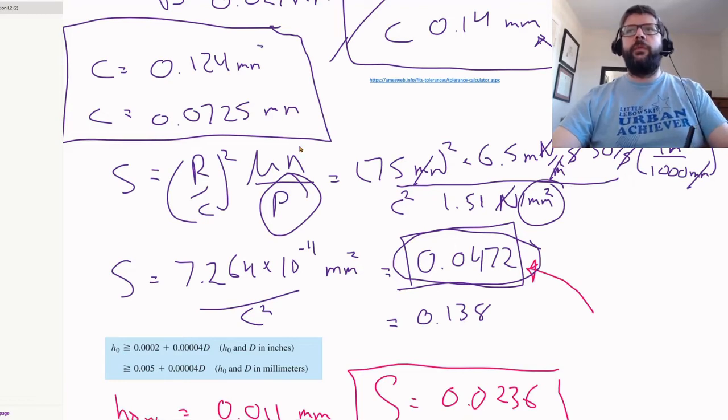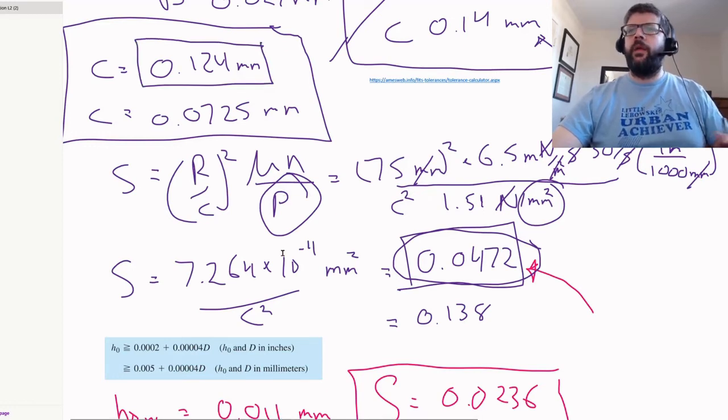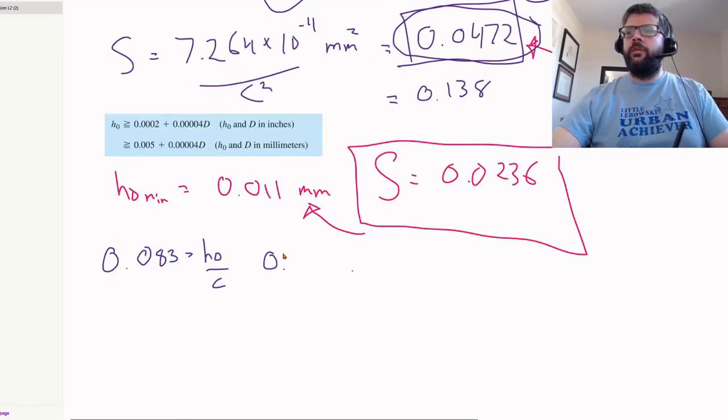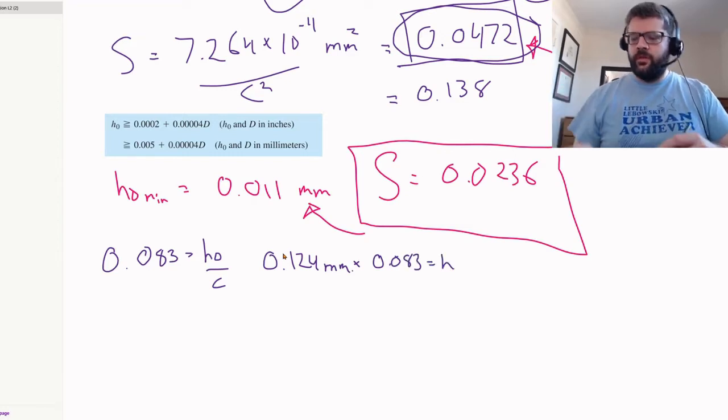So this is where we're going with the 0.124 millimeter C. So solving for H naught, 0.124 millimeters times 0.083 is equal to H naught.